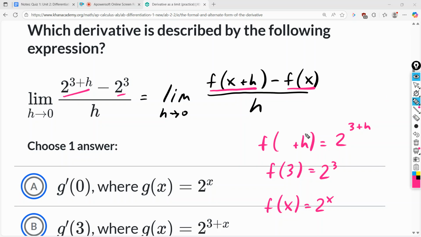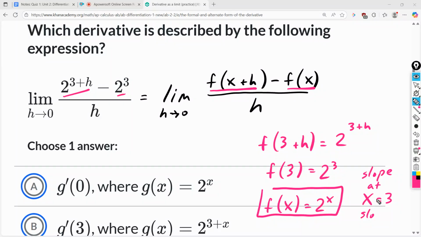So basically, the main function is f of x equals 2 to the x and x equals 3. So we're finding the slope at x equals 3. In other words, f prime of 3.